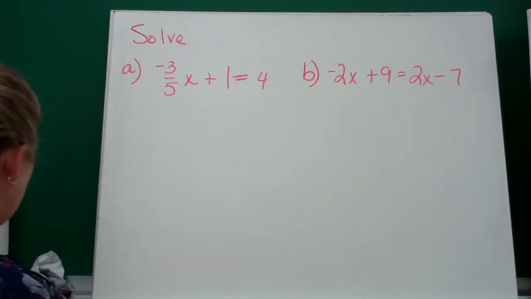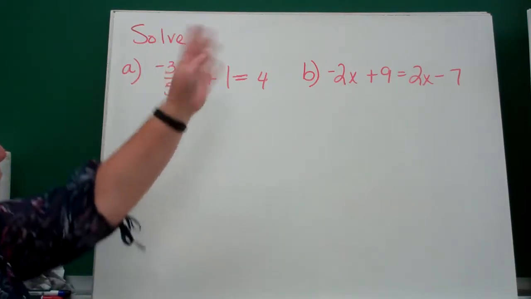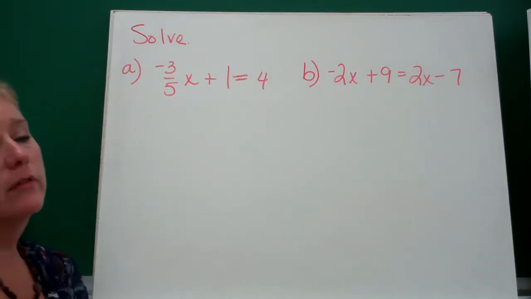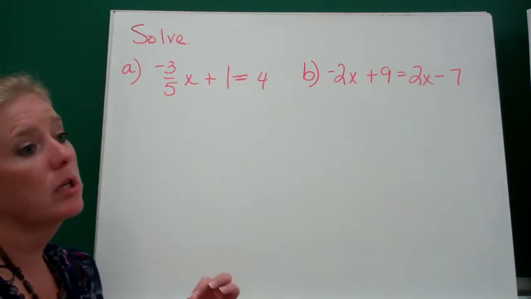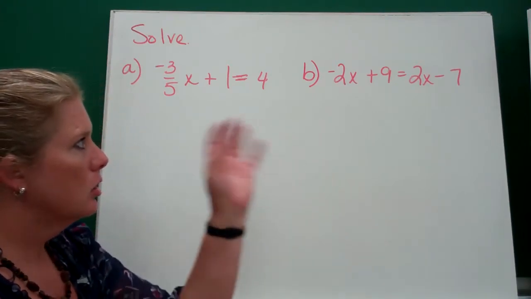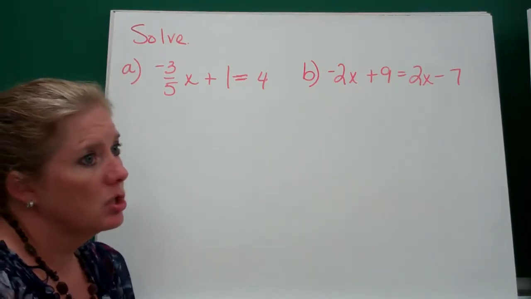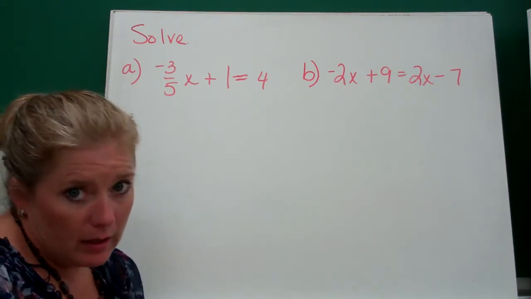Let's solve a couple of problems. Here we have -3/5 x plus 1 equals 4. You're going to work the order of operations in reverse. So that means you're going to do any addition and subtraction first, then you're going to multiply or divide.